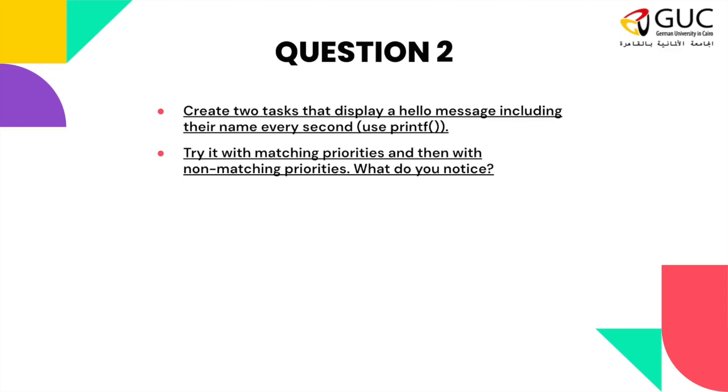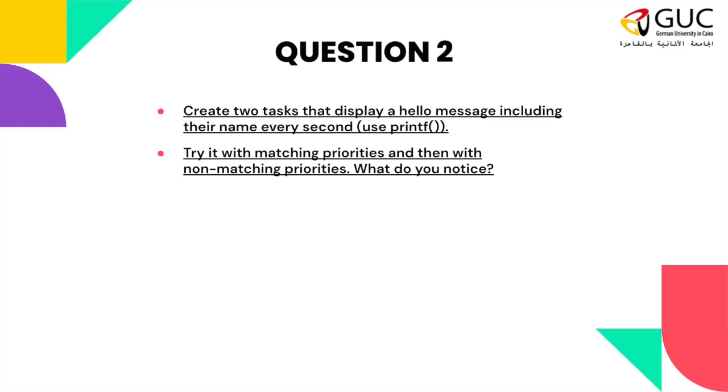So we want to create two tasks that print a hello message, and the first time we give the two tasks the same priorities, so equal priorities, meaning that the scheduler will choose the time slicing option, dedicating the same exact amount of time for each task, and it will alternate between them after a fixed interval.